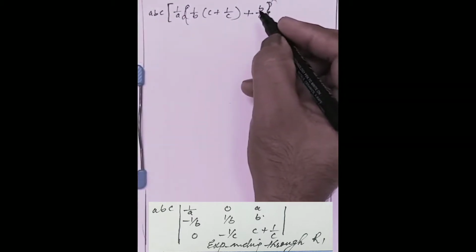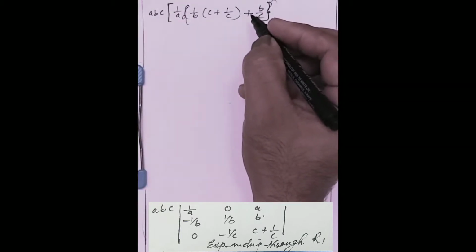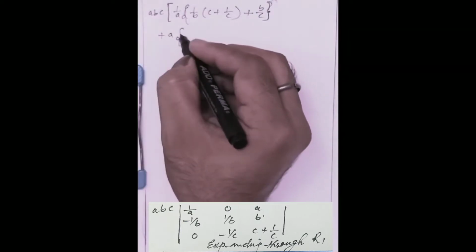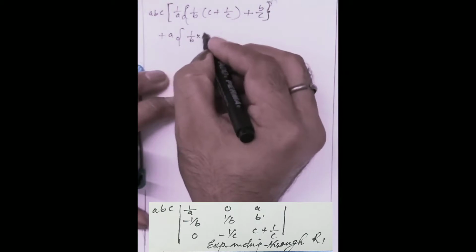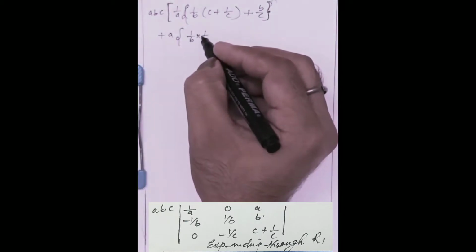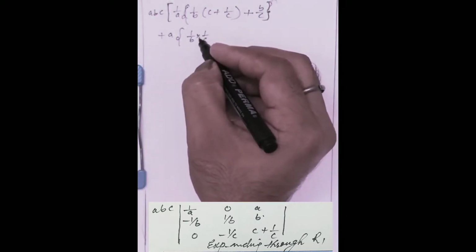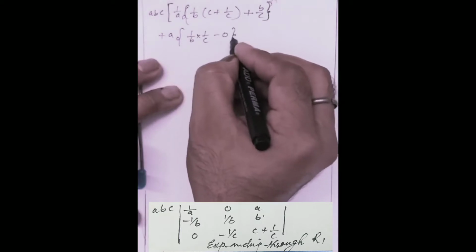Now the second one is 0, so the whole thing will become 0, and the last element is plus a times, leaving these two perpendicularly, minus into minus plus 1 upon b into 1 upon c, and then 0 into this thing, so minus 0.